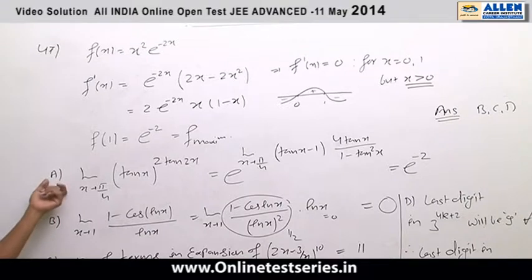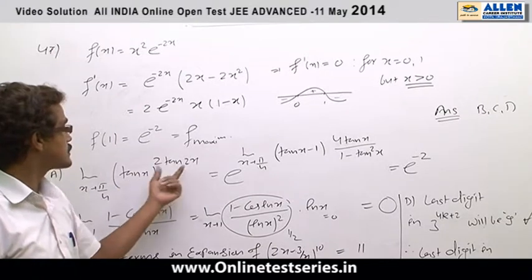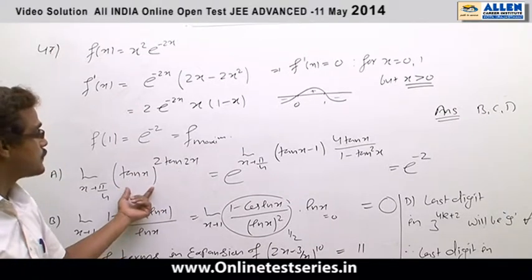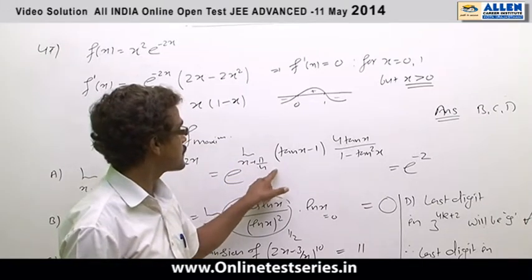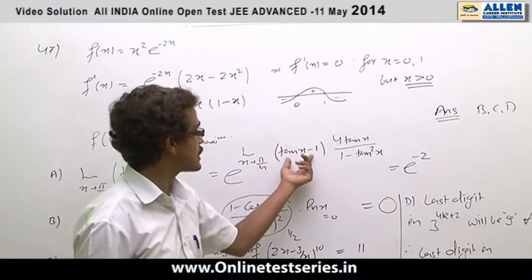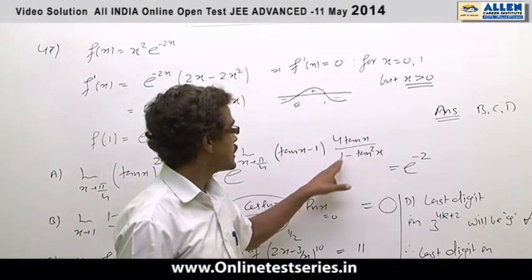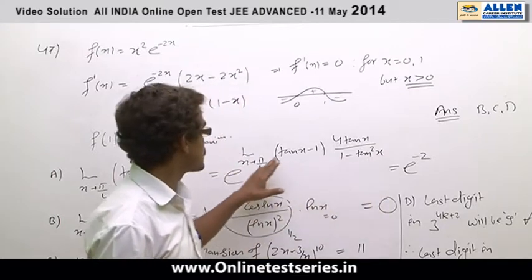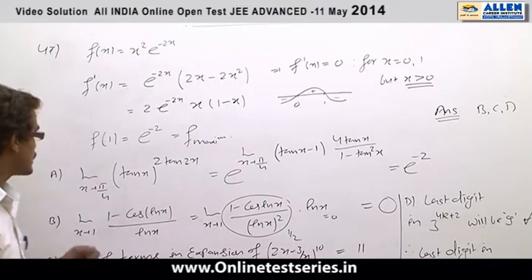Now in option A, we have to find the limit as x tends to pi by 4 of (tan x)^(tan 2x). This is of the form 1 to the power infinity. So this will be equal to e to the power limit as x tends to pi by 4 of (tan x - 1) times g(x), that is tan 2x, so tan x × (1 - tan² x)... after cancellation of the factor tan x - 1, this limit becomes e^(-2).